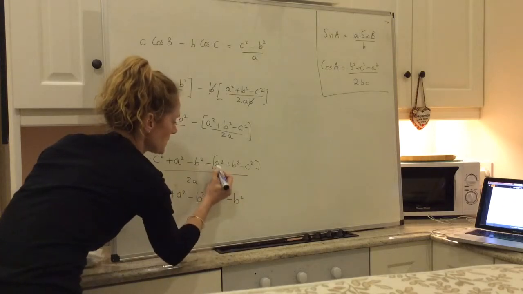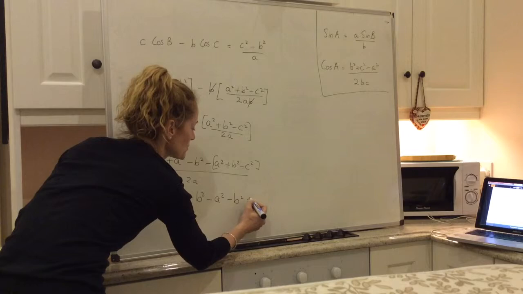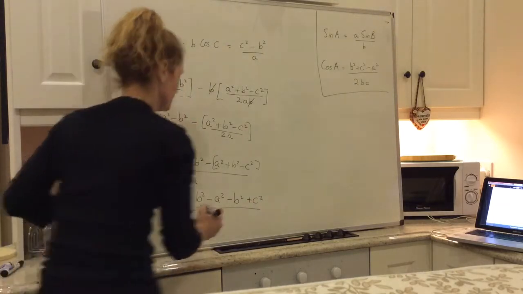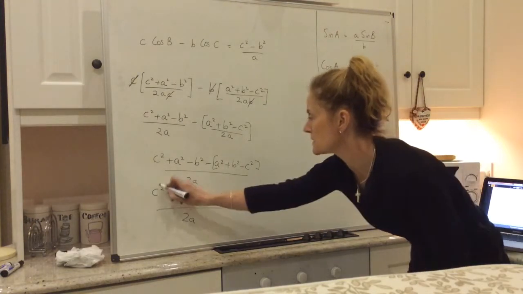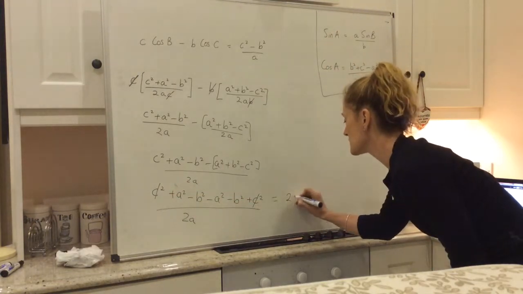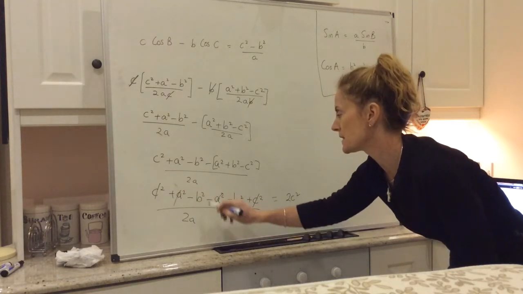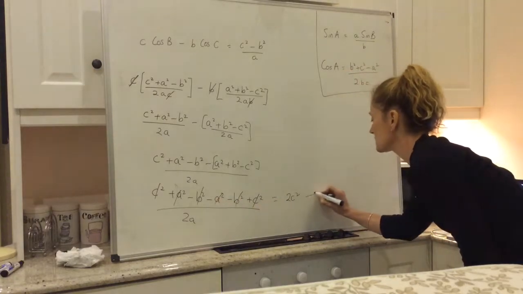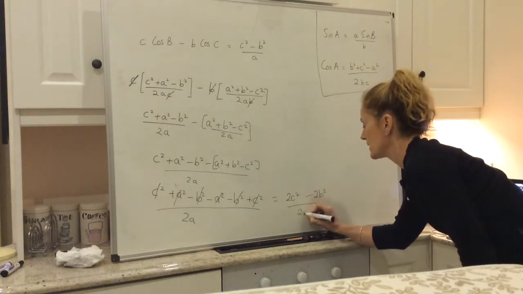I'm just minusing the a squared, minusing the b squared, and minusing the minus c squared, which becomes a plus c squared. Which then becomes, we now have a c squared and a c squared, so we have 2c squared. We have a plus a squared and a minus a squared, so that adds to 0. And we have a minus b squared and a minus b squared, so we get minus 2b squared over 2a.